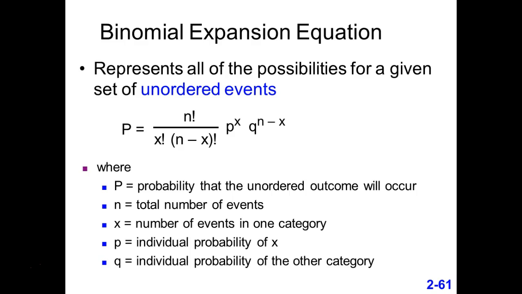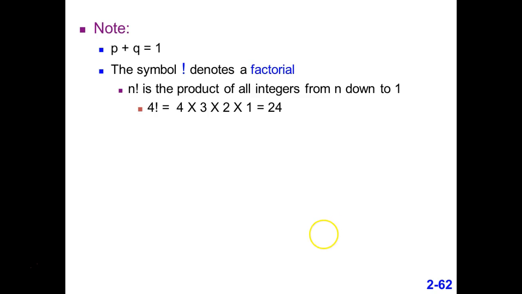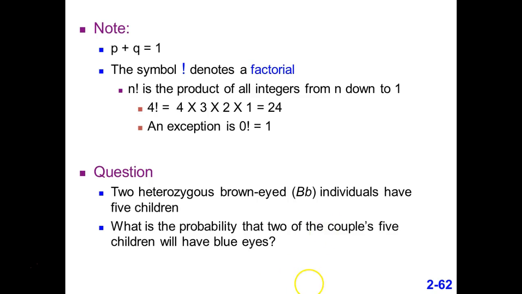Does that make sense to you guys? Say within a family of 7, what's the probability that all of them are going to be boys? The probability is 50-50 for each, but if we were to fill in the math for this, which I'm not going to do, here's one of the examples. 2 heterozygous brown-eyed individuals have 5 children.